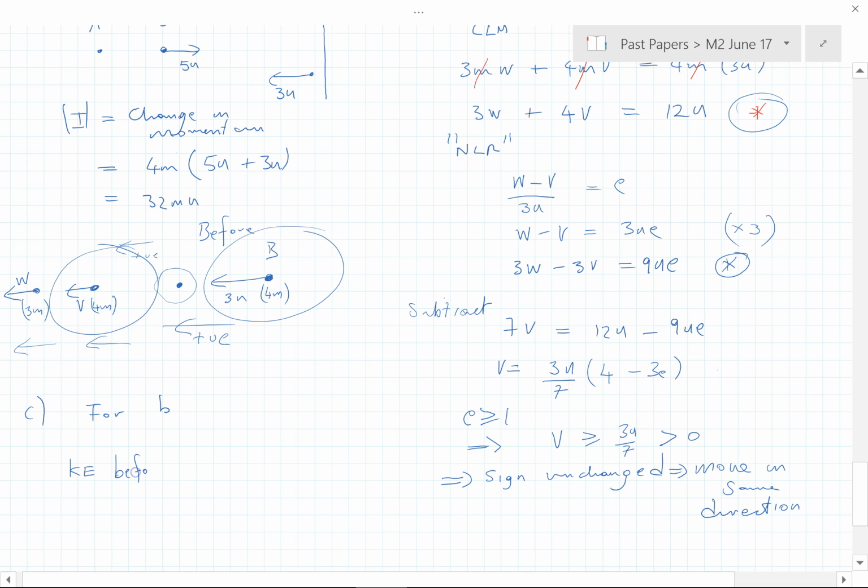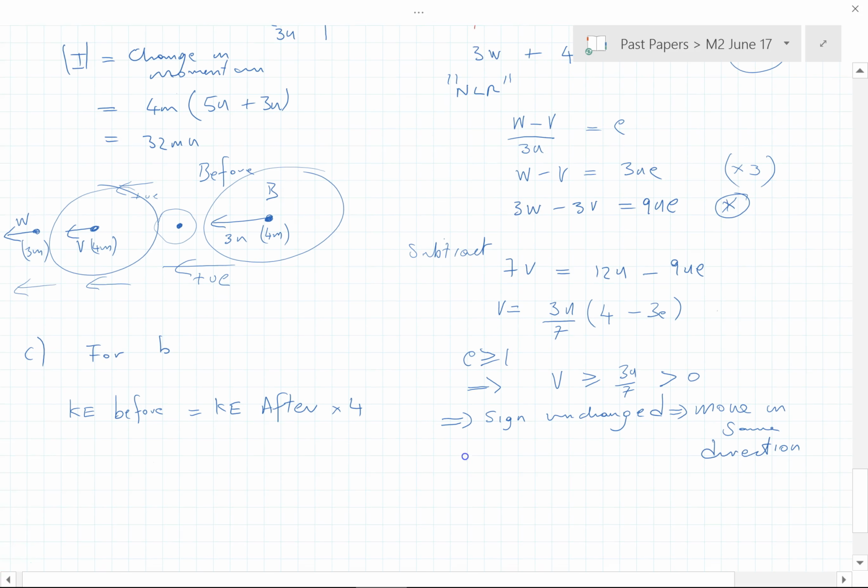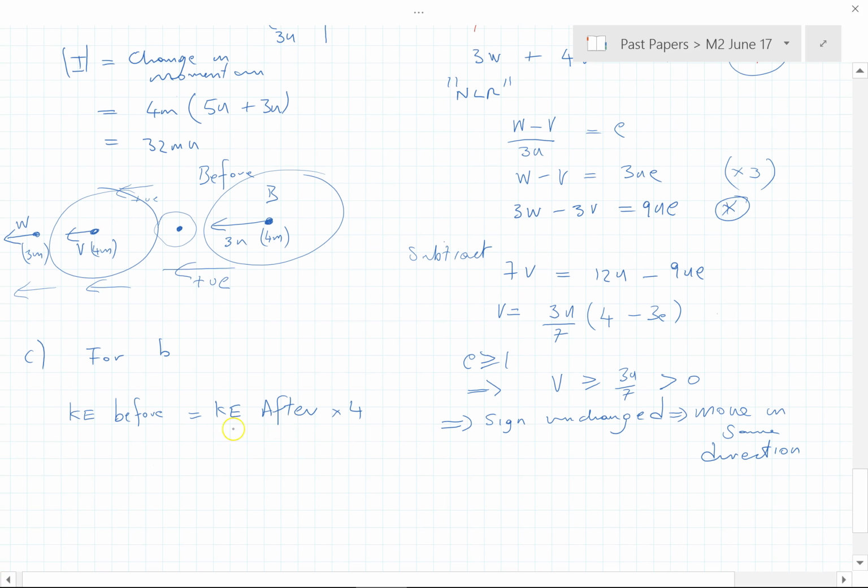For B, the KE before is equal to KE after, because it's a quarter, times by 4. Okay, that's the right way around, isn't it? Yeah, because this is a smaller amount, it's lost that amount of energy, so times that by 4 you'll get the KE before.